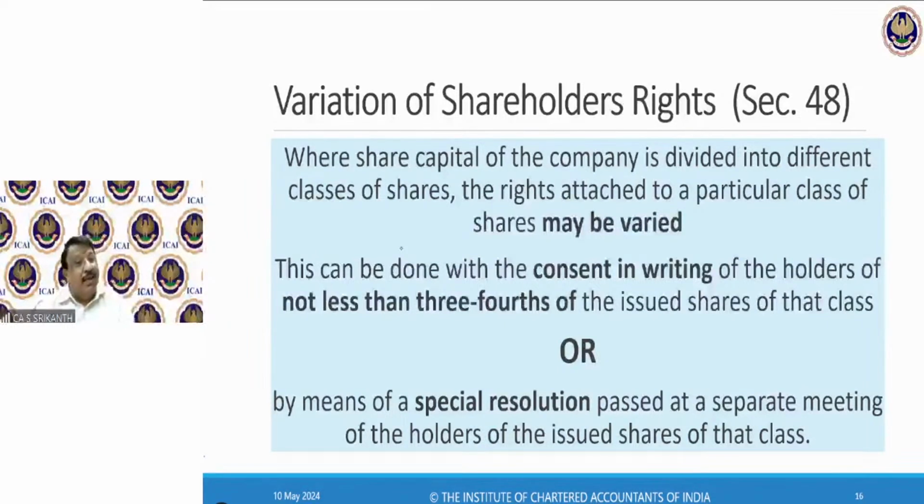So other than equity shares, you can vary the rights of preference shareholders or differential voting right shareholders. But provided you get the consent in writing of the holders of not less than 3/4 of the issued shares of that class. So instead of calling for a meeting, you send a post mail to all of them saying, sir, we are proposing that right now your differential voting right shares are 1 share for every 2 votes.